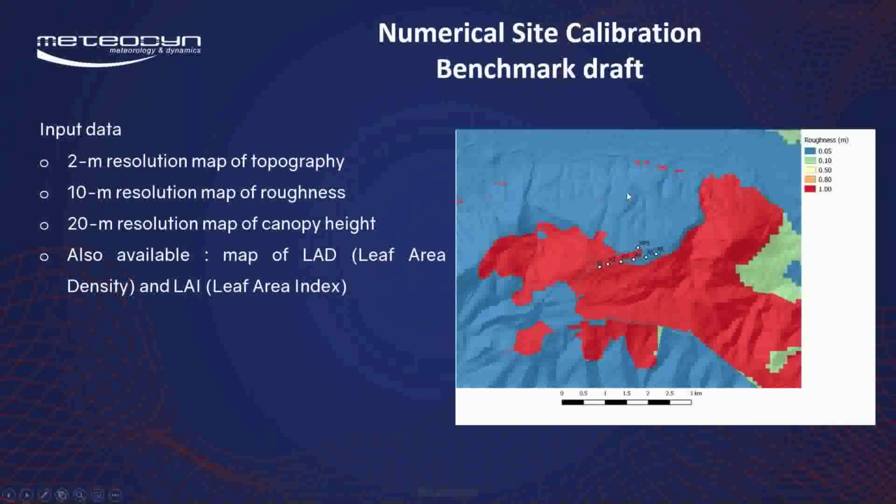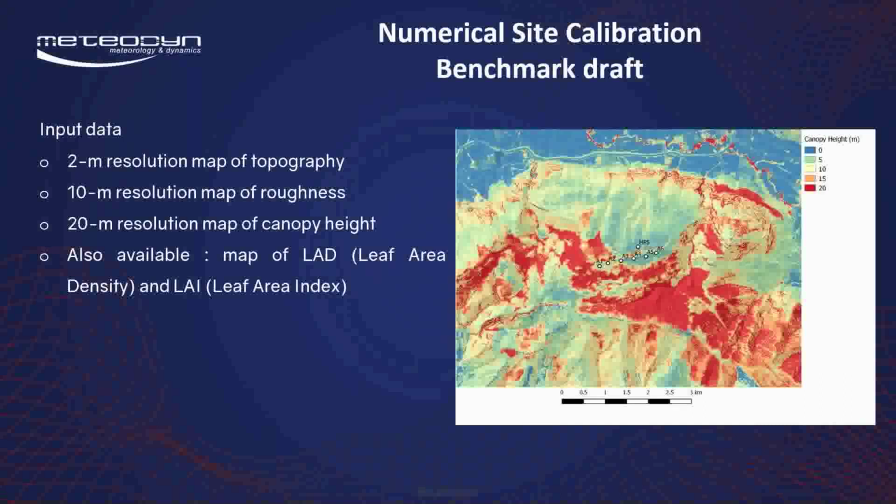And if we want to go further in the description of the input data, we have also a 20-meter resolution map of canopy height. It's useful because it defines the height of the trees, and for some numerical approaches we have to introduce some canopy model. So this is useful data for that.